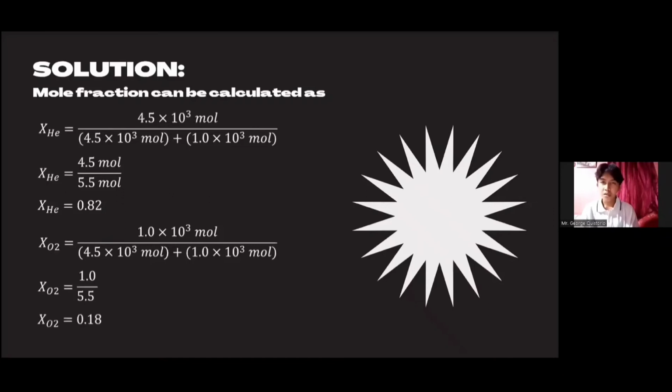Mole fraction of oxygen is equal to 1 times 10 cubed mole over the quantity of 4.5 times 10 cubed mole plus the quantity of 1 times 10 cubed mole. Cancel again the 10 cubed mole, then add 4.5 and 1. It will become 1 over 5.5, and dividing, it will become 0.18.